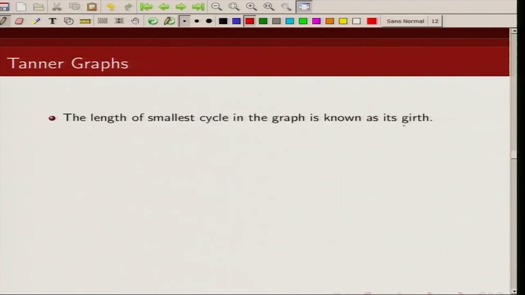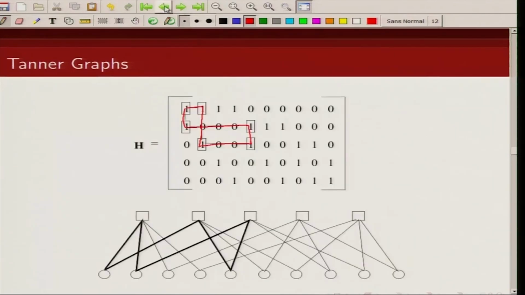Now, we will define what is known as girth. The girth is the length of the smallest cycle in this graph. In this particular example, the smallest cycle is 6.